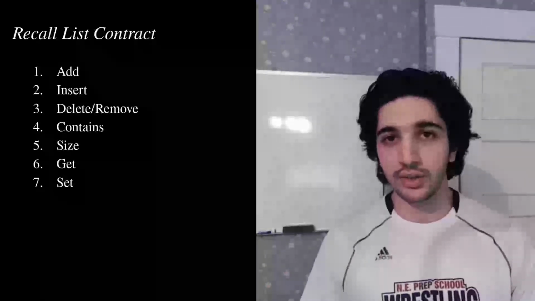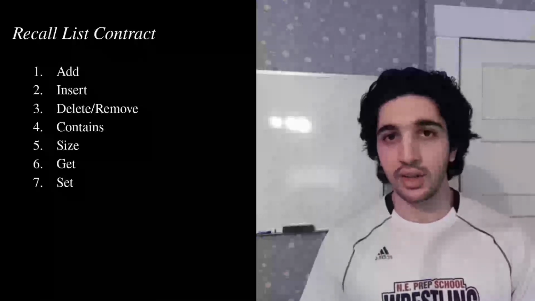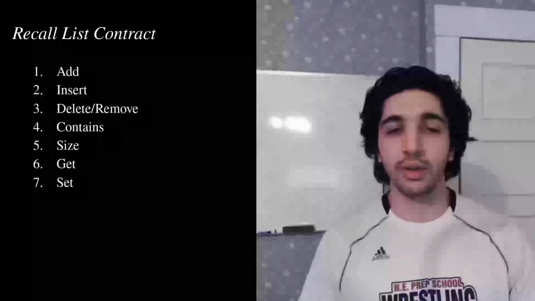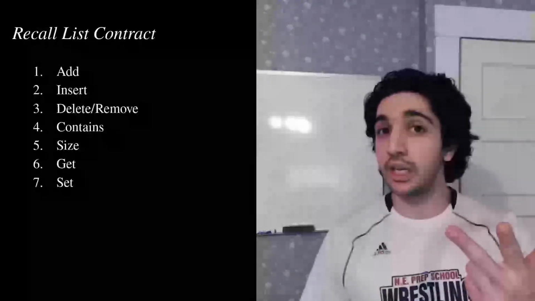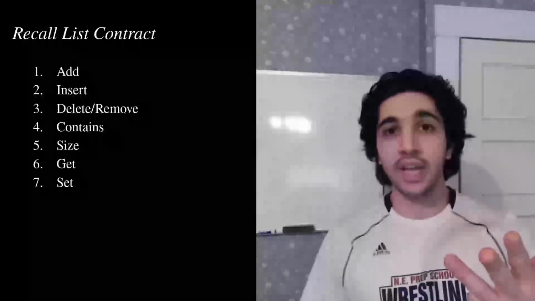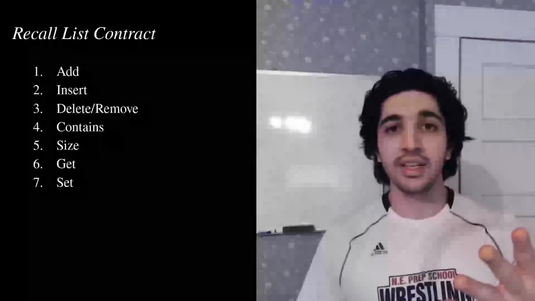Because a linked list is a list, it has to support the following functions: add, insert, delete or remove, contains, size, get, and set. Before we move any further, we have to get some definitions down. We have to define two different classes here: node and linked list.